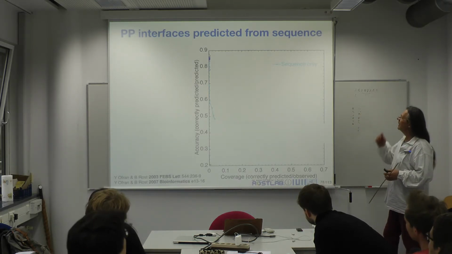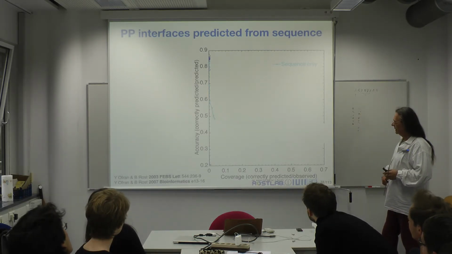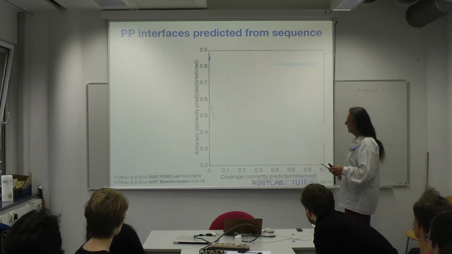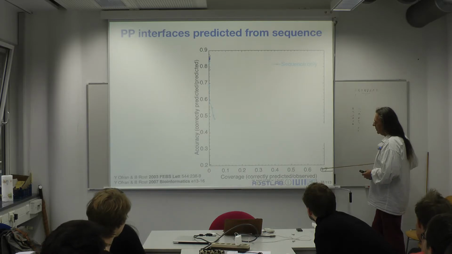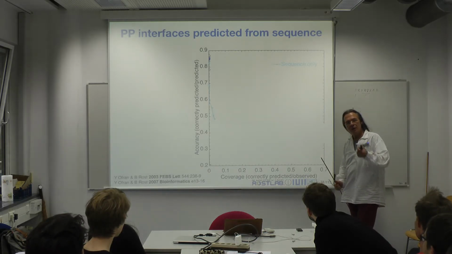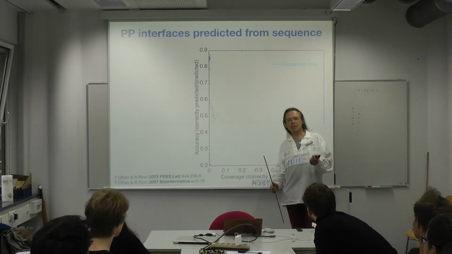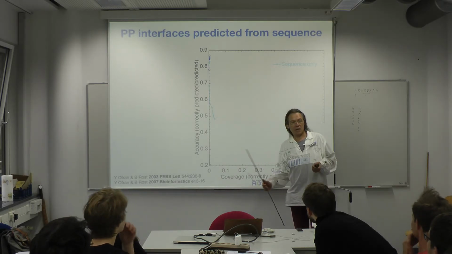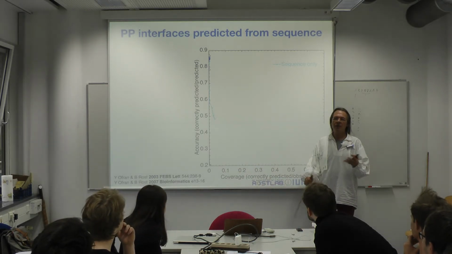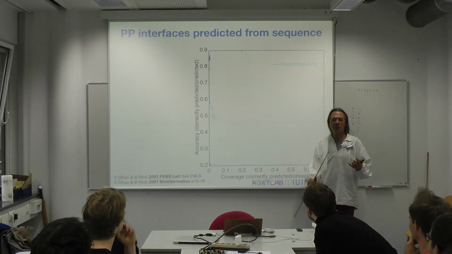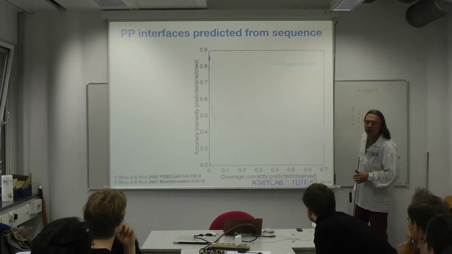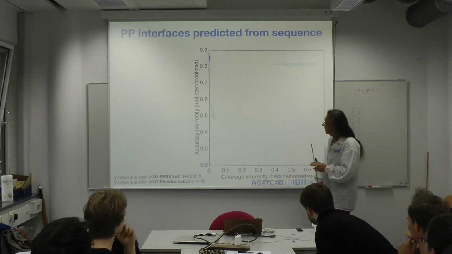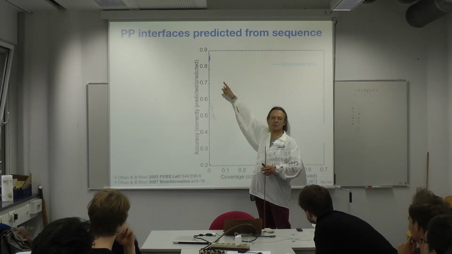Just using sequence information, this is already the entire graph. I cover some parts. This is the coverage. That means of all the residues that are to be predicted, how many did I get? So I have a data set of things that are in the red ones in external protein-protein interactions, right? How many did I get? And at some point here is 100%. And that is how accurate is my prediction.